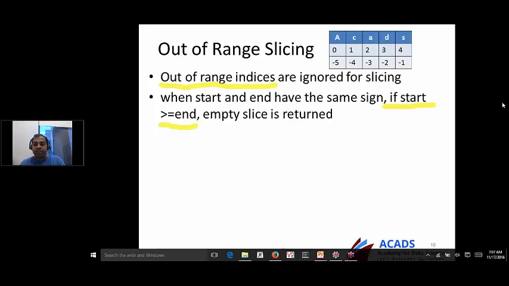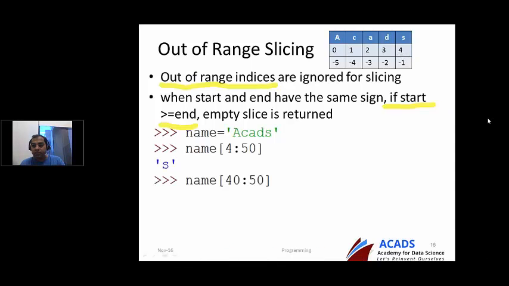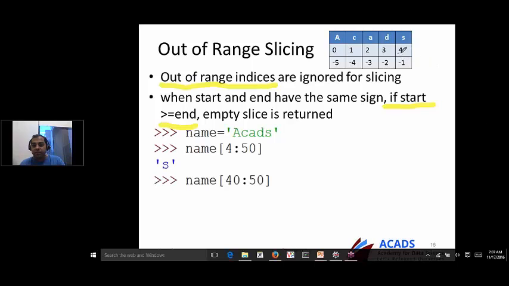Let's look at some examples. If I say name is ACADS and then I ask for the slice which starts at 4 and ends at index 50, you can see that the initial index is at place 4, and then I am going all the way to 50, which does not even belong to the string.